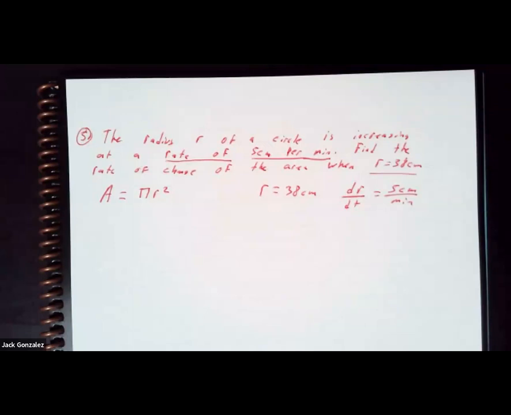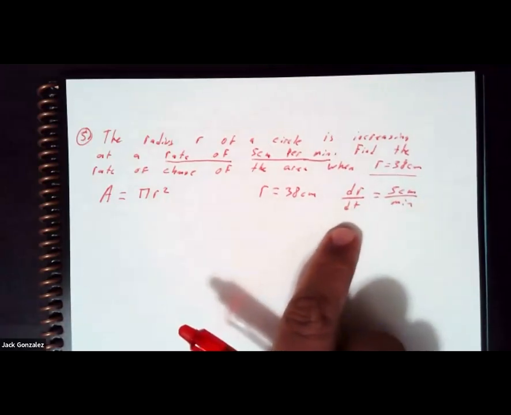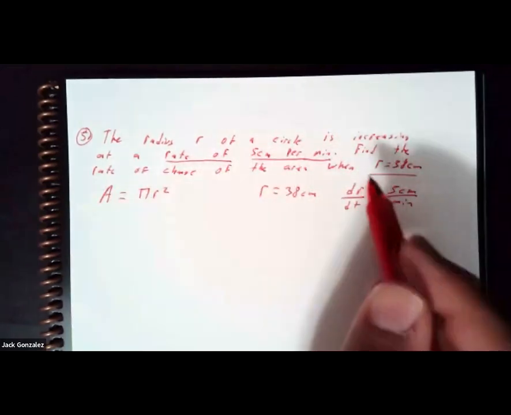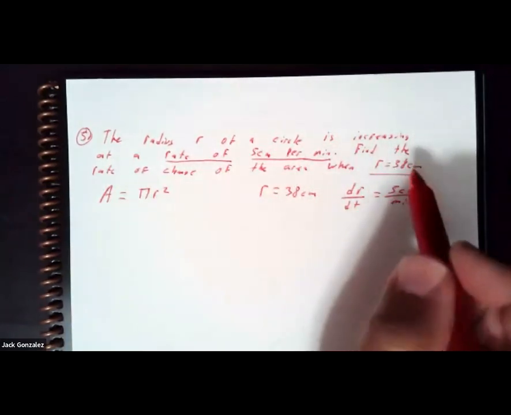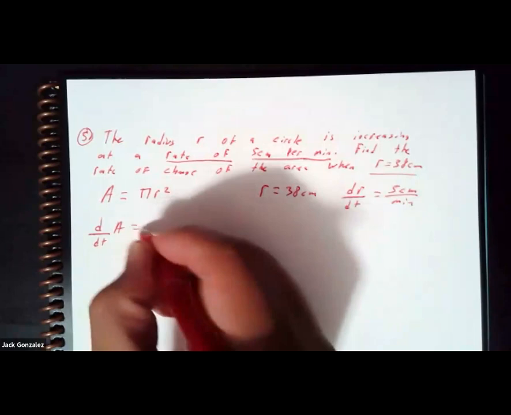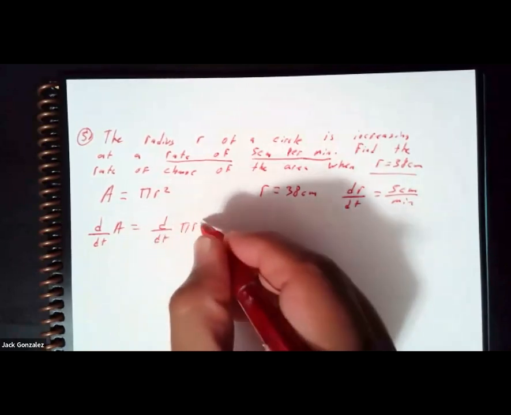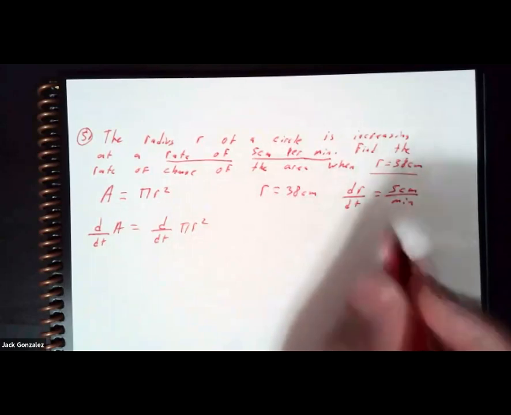You guys understand that this is a rate of change, right? dr dt. So take a derivative because they want the rate of the area changing. So take the derivative with respect to time of both sides because they want area.